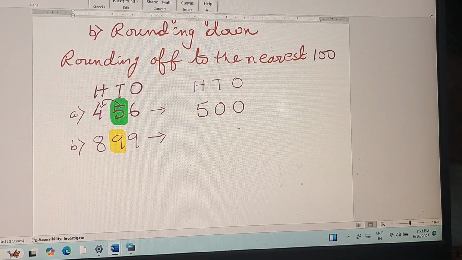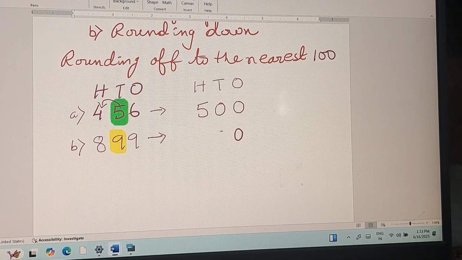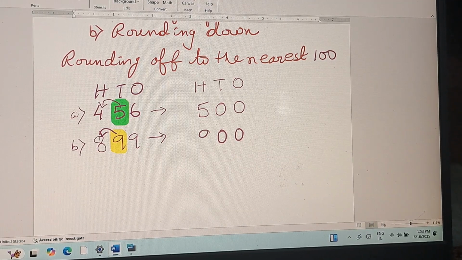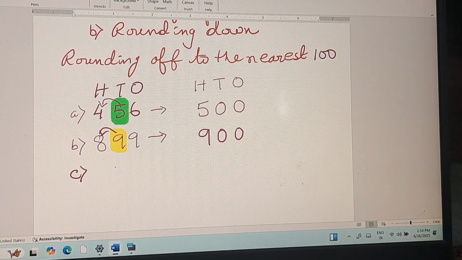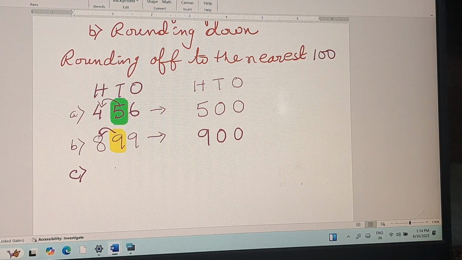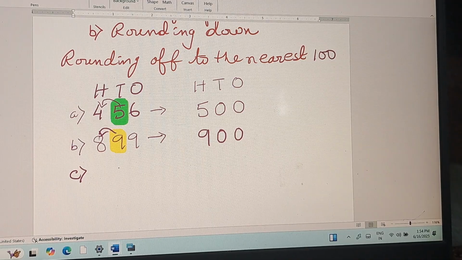So what I am going to do, in ones place we will put a 0. In tens place also it will be a 0, and we have to add 1 in 100 place, and the value will be 900. So the rounding off to the nearest 100 of 899 is 900.